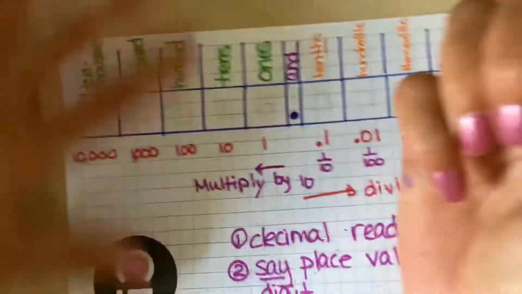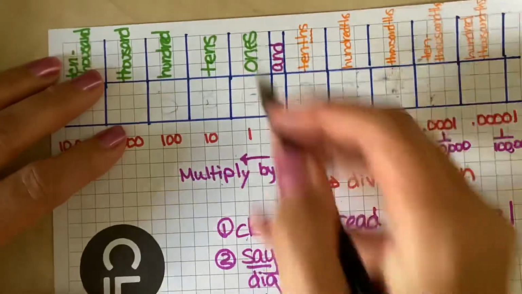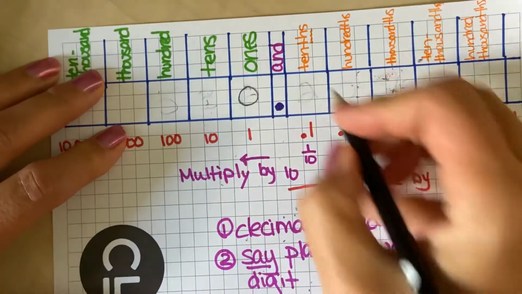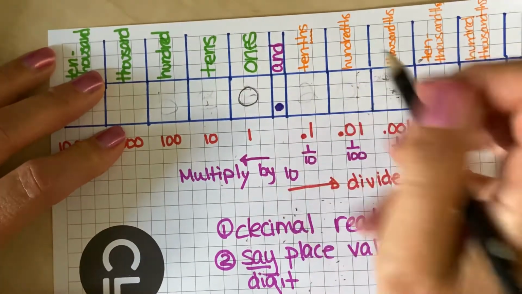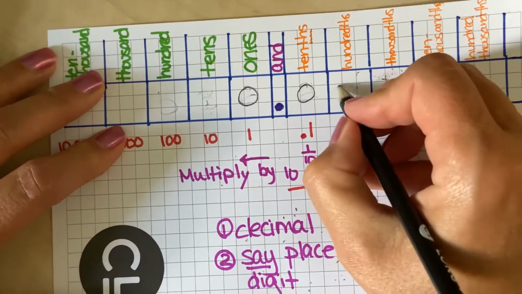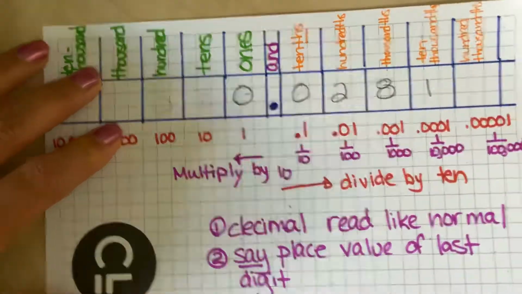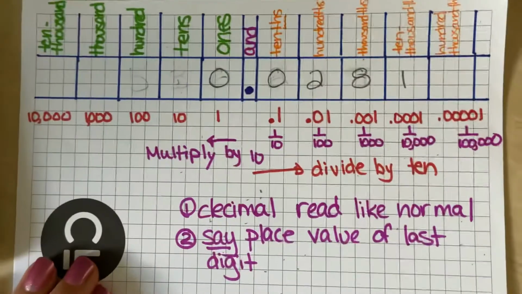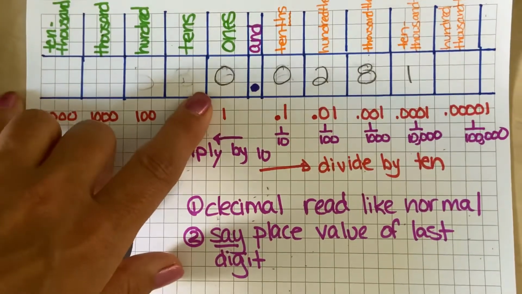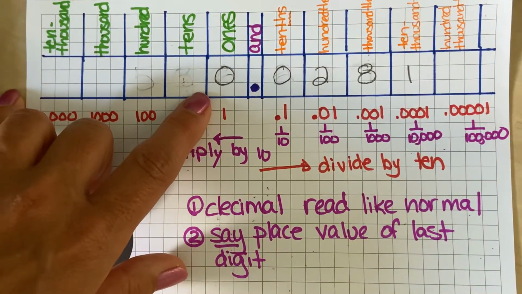All right, so let's say this is going to be a 0 and 0, 2, 8, 1, okay? So here's my number. I'm going to say what's on this side, whether it's a 0, whether it's a number.